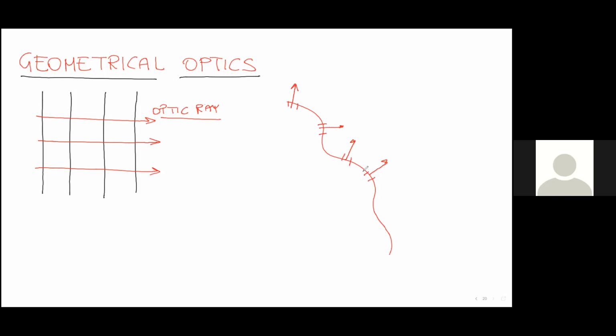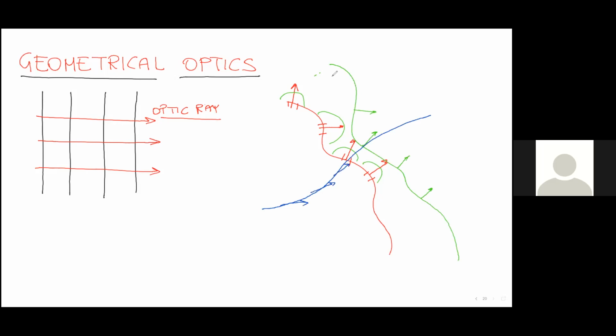And of course, the Huygens principle tells me, okay, look, the wavefront at a certain time later will be like that, for example, okay? And locally, the rays will be perpendicular to the direction of propagation. So if I draw the line that point by point is tangent to the optical rays, I will have that the optical rays will be like that.